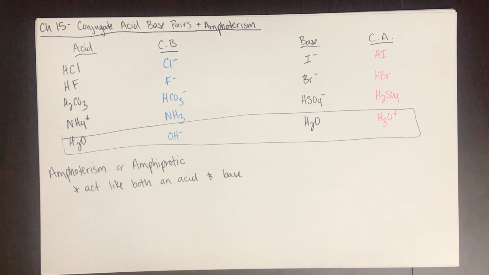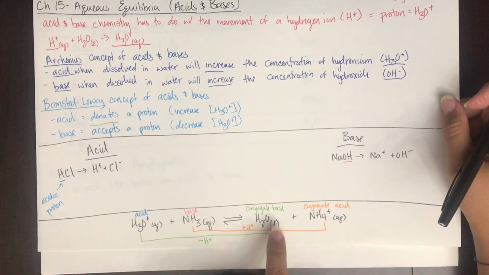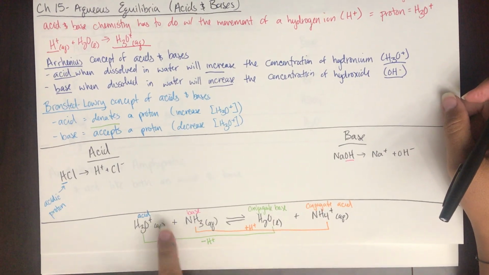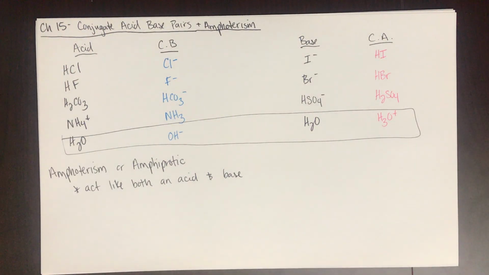When we start talking about buffers, we'll see that buffers can all act like amphiprotic species, where they can donate or gain, they can give or take a hydrogen ion. So I would expect you guys to be able to write the conjugate acid-base pairs from an example of an acid or a base, or be able to identify what the acids and the conjugate bases, or the bases and the conjugate acids are in a chemical reaction.